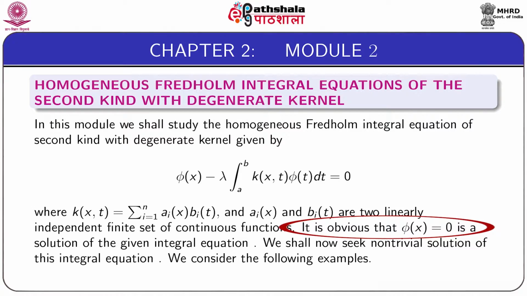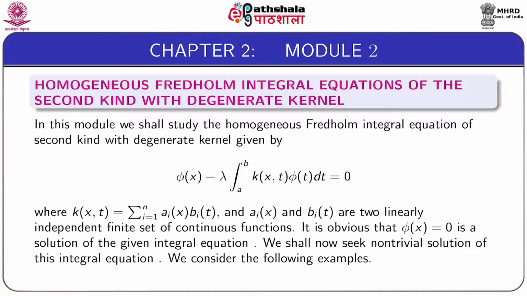It is obvious that phi(x) equal to 0 is a solution of this homogeneous Fredholm integral equation. But we are not interested in trivial solution. We shall seek non-trivial solution of this homogeneous Fredholm integral equation of second kind with degenerate kernel.